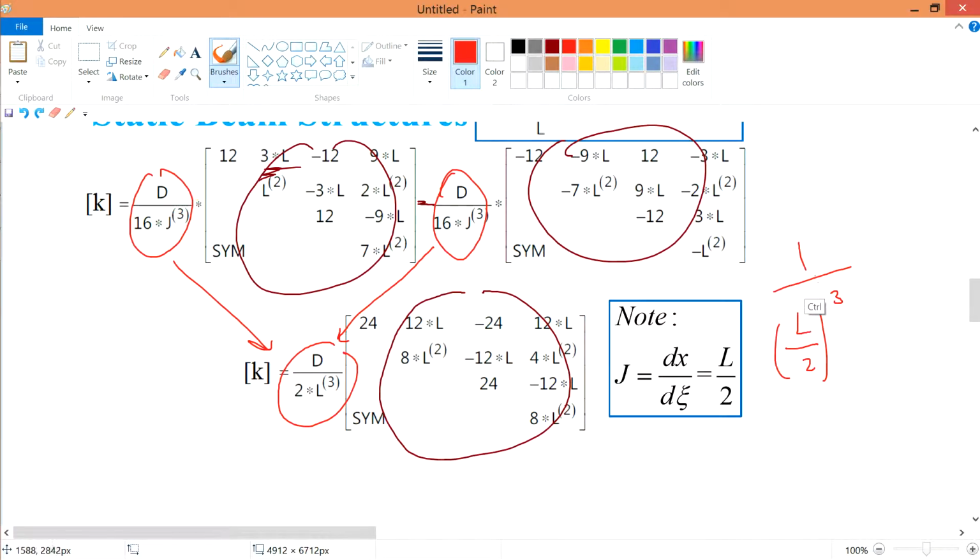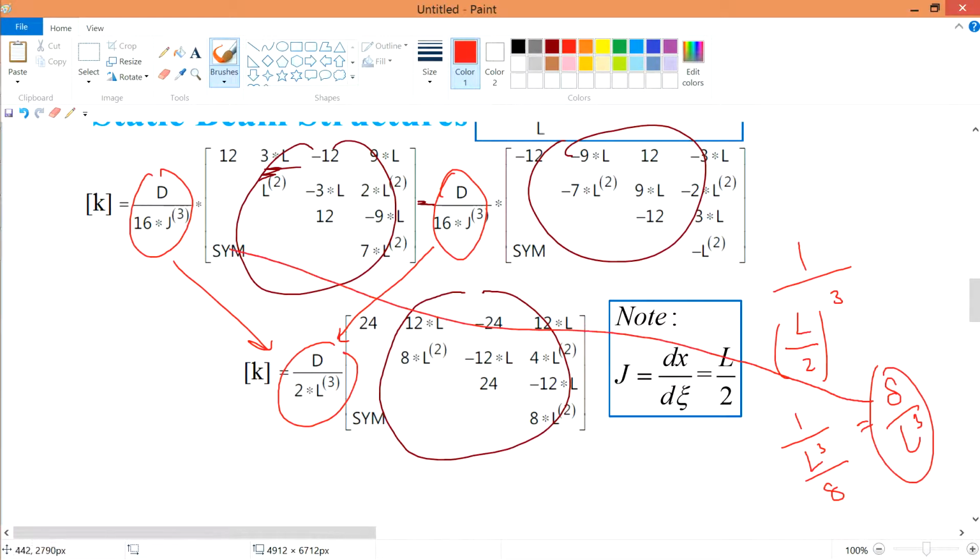If I were to elaborate, I'll have 1 over L cube divided by 8, because 2 to the power of 3 is 8. Just simply rearranging, I will have 8 over L cube. So this can be substituted into my J cube. Instead of J cube, I'll write it in terms of 8 over L cube.